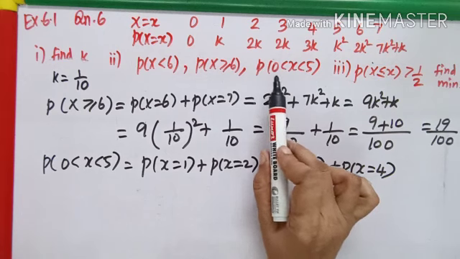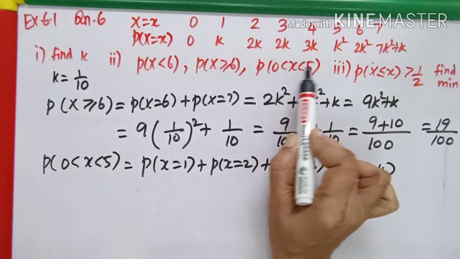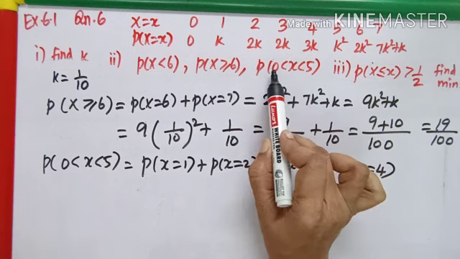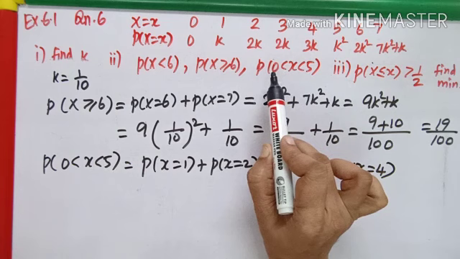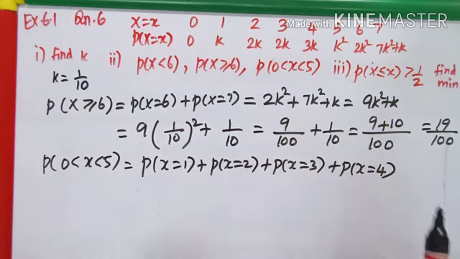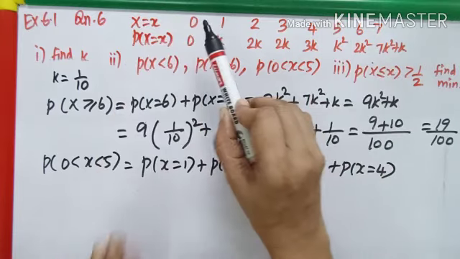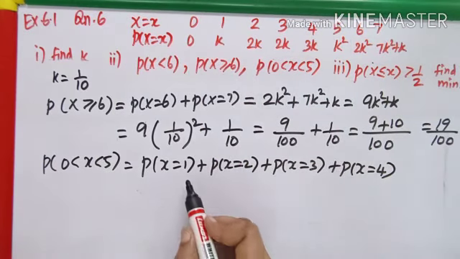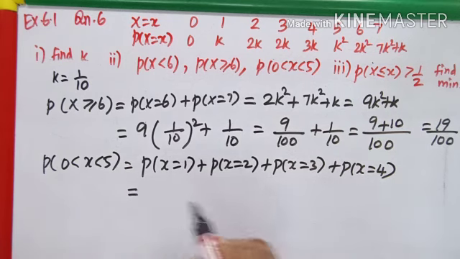The next question, P of 0 less than x less than 5. Less than tells me 0 and 5 are not included, but the values in between 0 and 5. So this is 0 and this is 5. Which are the values in between? 1, 2, 3, 4. So we will write 1, 2, 3, 4 probabilities to be added.